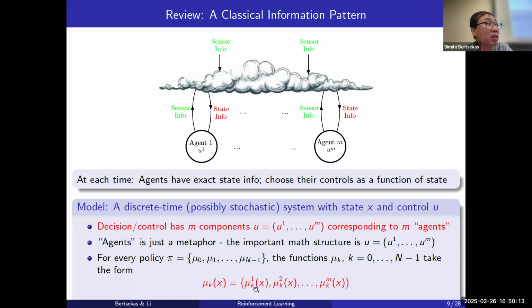Therefore, conceptually you can think of mu k1 as the policy agent 1 is using, and mu k2 as the policy the second agent is using, and so on.